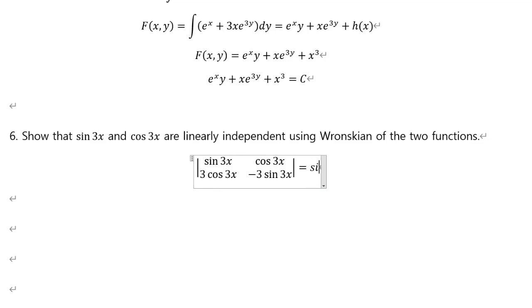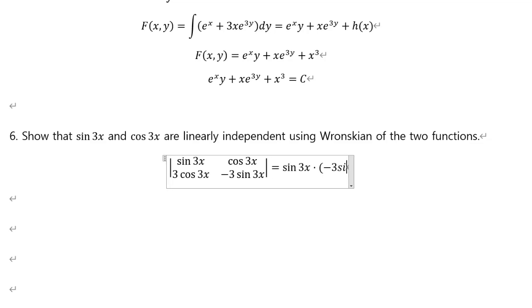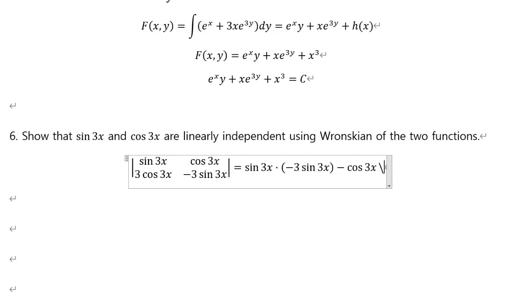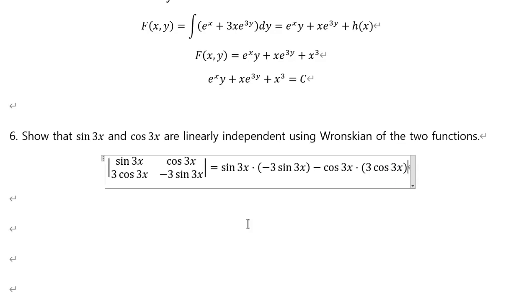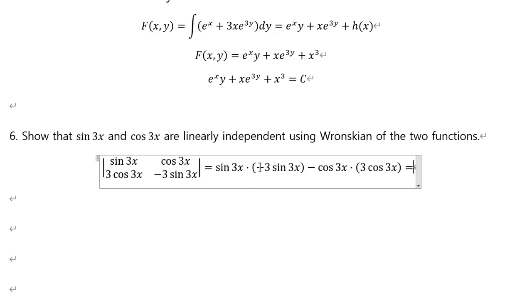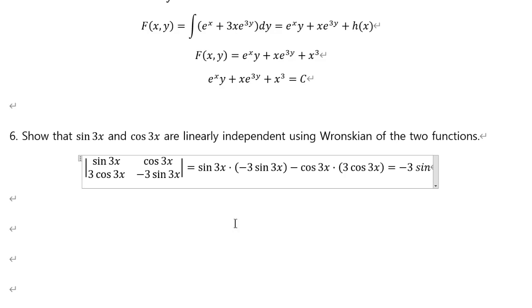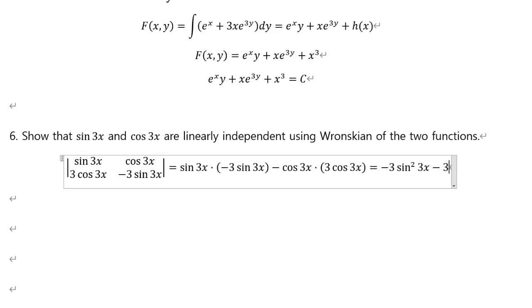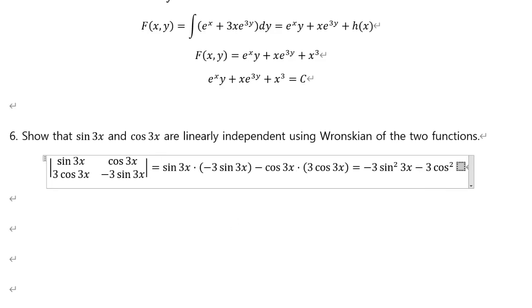So you get sine 3x times negative 3 sine 3x minus bc, so cosine 3x times 3 cosine 3x, and we see that if you simplify this, it is negative 3 times sine squared (3x), and the second one is negative 3 times cosine squared 3x.